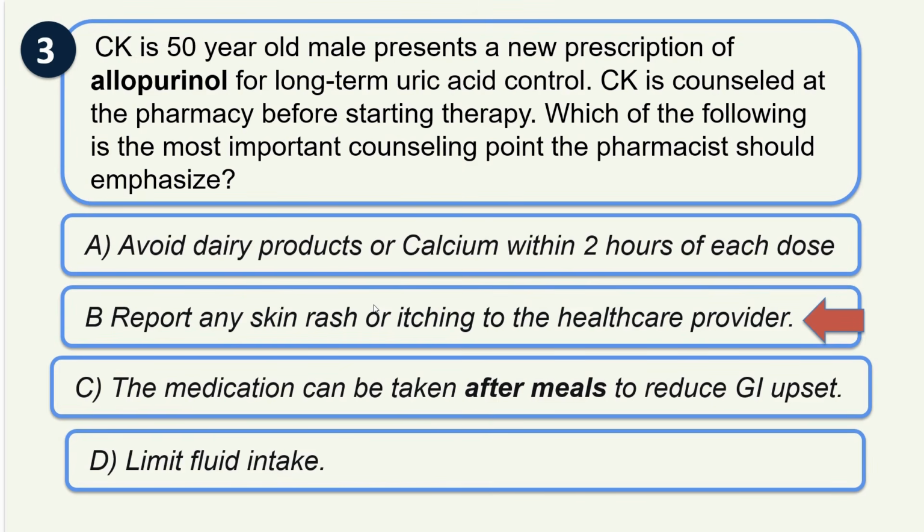Allopurinol has a known hypersensitivity reaction, especially in patients with genetic polymorphism in HLA genes, who have a higher risk of skin rash. Therefore, all patients who receive allopurinol require counseling from the pharmacy about that. If they experience any skin rash or itching after starting this medication, they should definitely report to the healthcare provider. That's why this is the best answer.